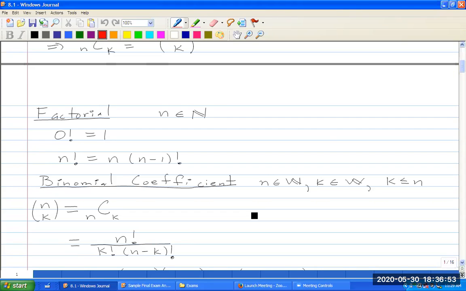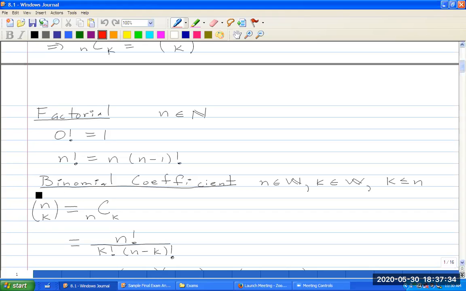For any whole number n, for any whole number k, where k is less than or equal to n, we define nCk as n factorial over k factorial times n minus k factorial. And we will also call that the binomial coefficient. It's denoted by this weird floating number, n over k, with n floating over k, written in parentheses.